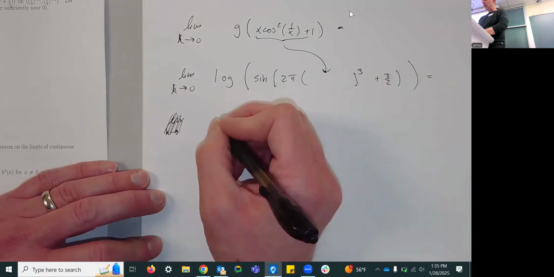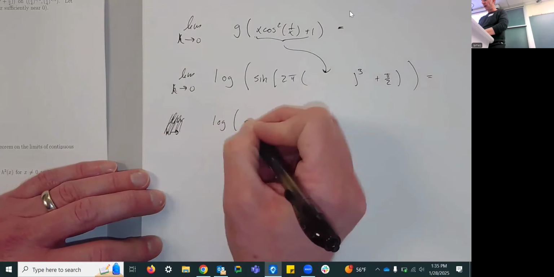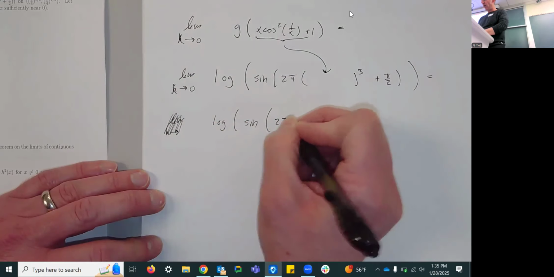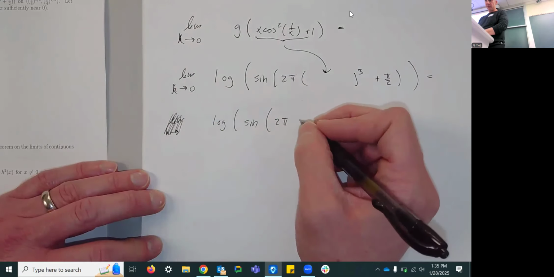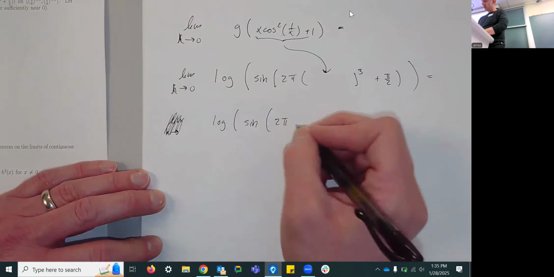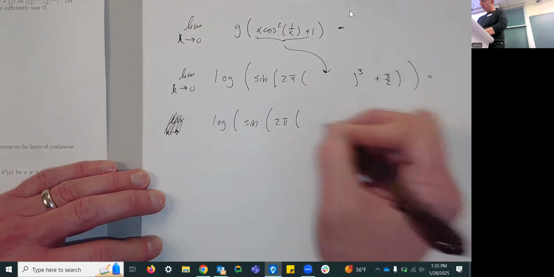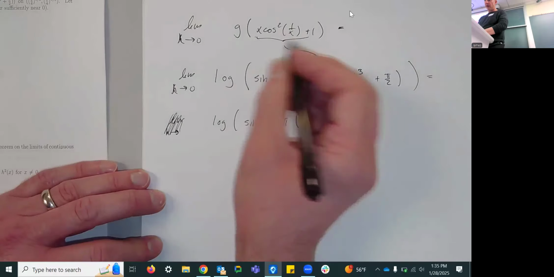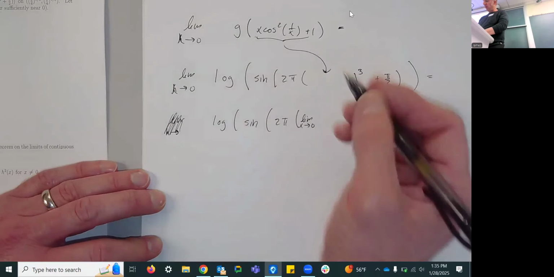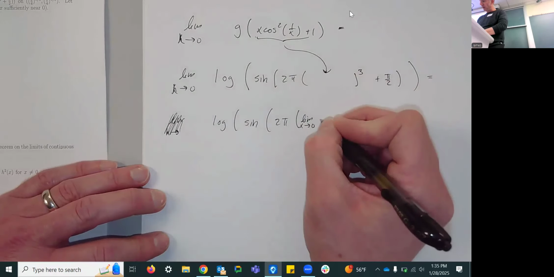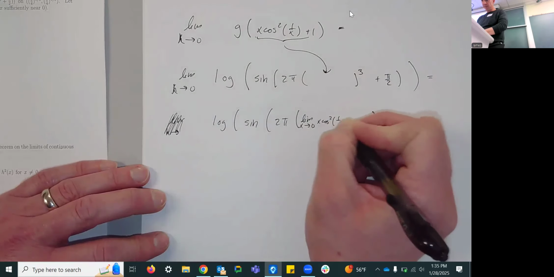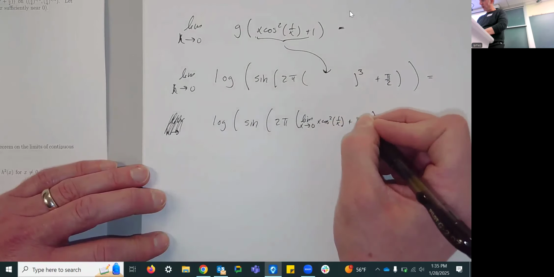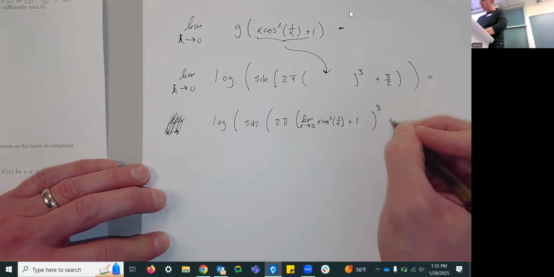This is the log of the sine of 2 pi times the limit as x approaches 0 of the thing we're inputting, which is x cosine squared of 1 over x plus 1, cubed plus pi over 2.